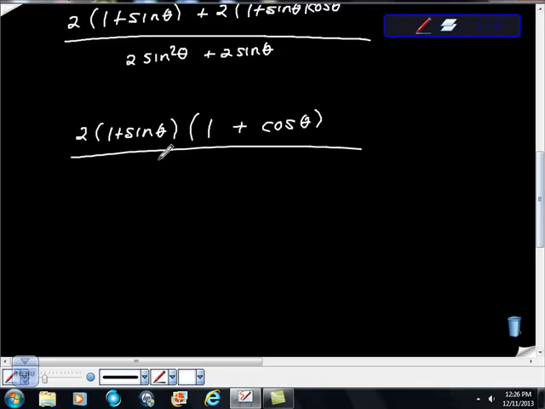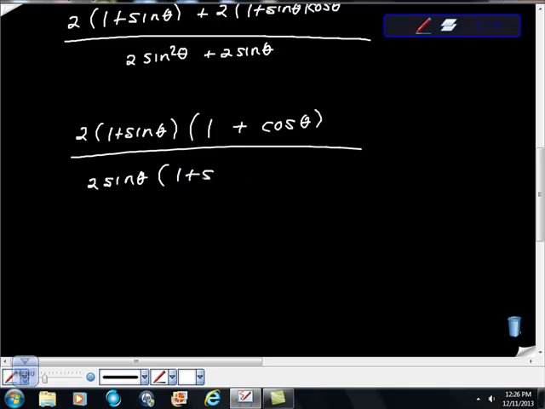Now let's factor out the bottom, and from the bottom we can factor out 2 sine theta times sine theta plus 1. Can we agree that sine theta plus 1 is the same as 1 plus sine theta?